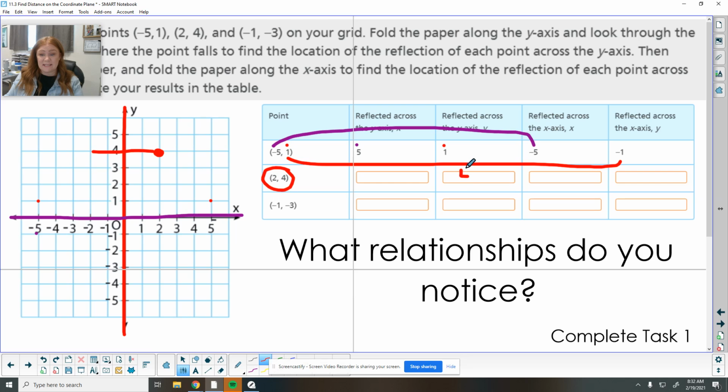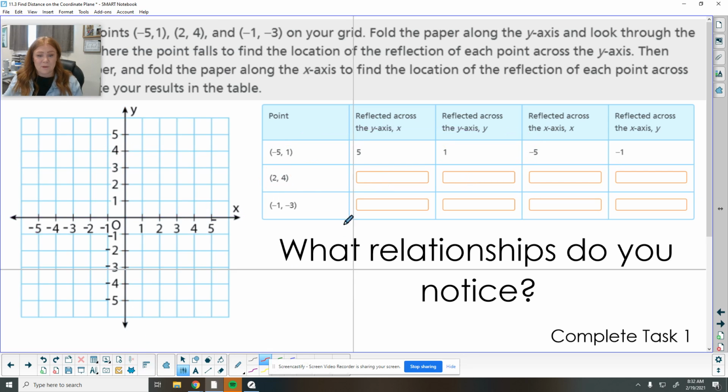So y stays the same. And then the opposite of 2 is -2. So it should go over 2, up 4. So I can see 2 and 2, when I fold that in half, they should touch and meet together. Oh, I just erased our answers. So opposite of x, y stays the same.